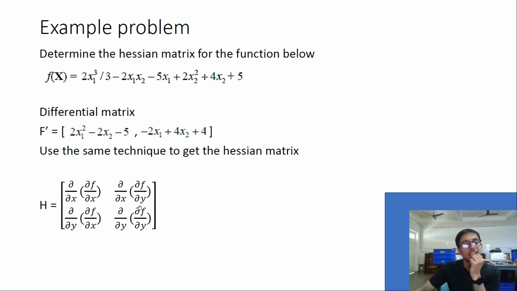When I see x1 and x2, I like to write x1 as x and x2 as y. If you are comfortable with x1 and x2, you can do that, or you can change it to x and y and go on and solve this. So this will be our first order differential, and using the same technique, can you tell me what is the Hessian matrix?